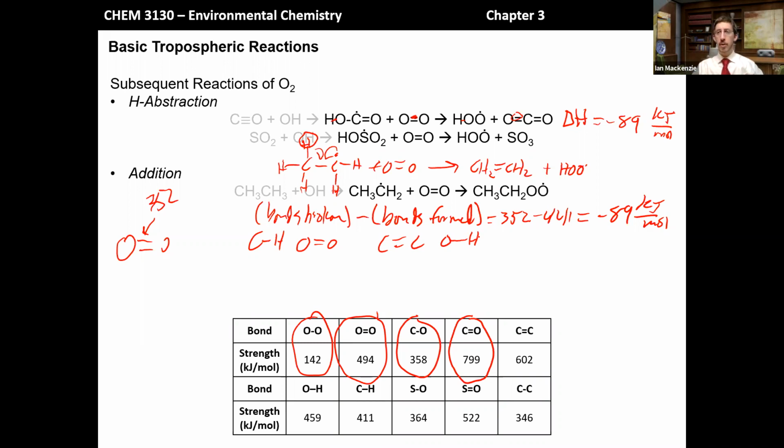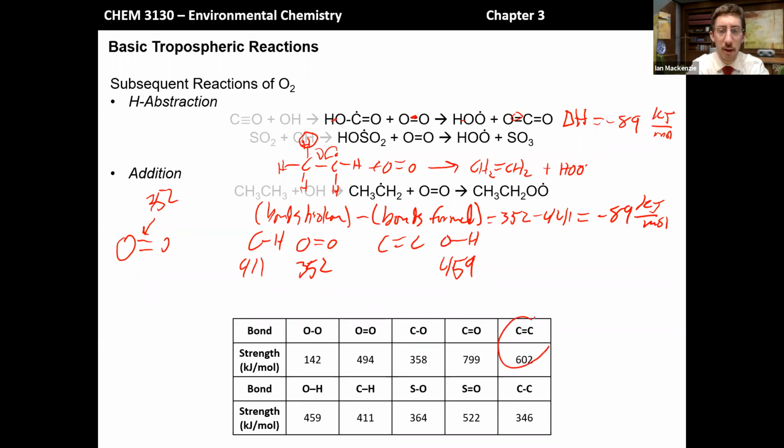So nothing cancels here. I have to go through all my analysis. I already figured out that the second bond of the oxygen-oxygen here is only worth 352 kilojoules per mole. And the CH is 411 from the table. So I've got the bonds broken down. The bonds formed, the OH bond, that's just 459. But then the CC double bond, I'm not forming both bonds, I'm just forming one. So that's going to be the bond strength of the double bond minus the bond strength of the single bond.